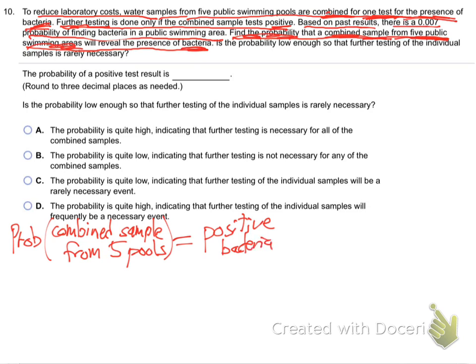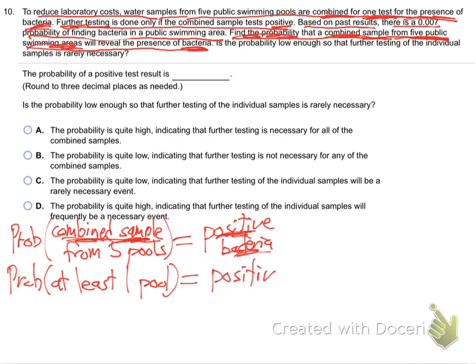Okay, well, how's that work? So they're gonna pour the 5 samples into one combined sample, and test it. So that means if there's bacteria in any of the 5 swimming pool samples, when they're all combined into one sample and tested, it'll come back positive. So they're saying, what's the chance that the combined sample will come back positive? Well, that's the same thing as saying the probability that at least one pool is positive. Right?